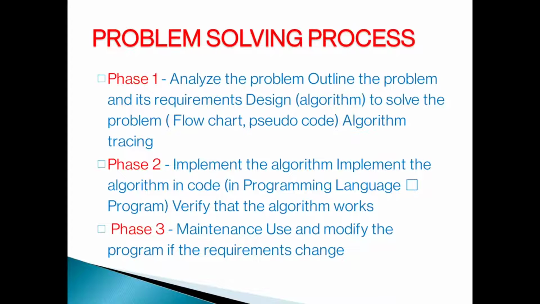Implementing the algorithm means coding. We can use different programming languages like C, C++, VB, Java, etc. So, we can use any convenient language that is familiar to us. The third step is maintenance of the program. It is used to modify the program if any of the requirements change in future.